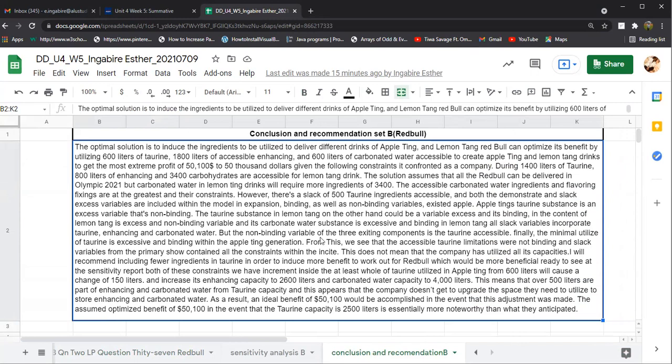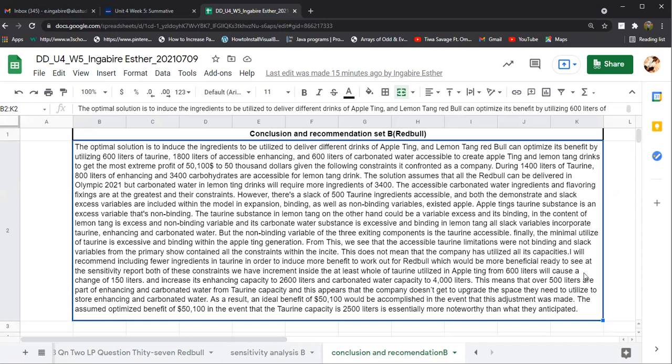I will recommend that the company utilize its capacity, and therefore I would recommend less taurine in order to induce more profit for Red Bull, which will be more beneficial.